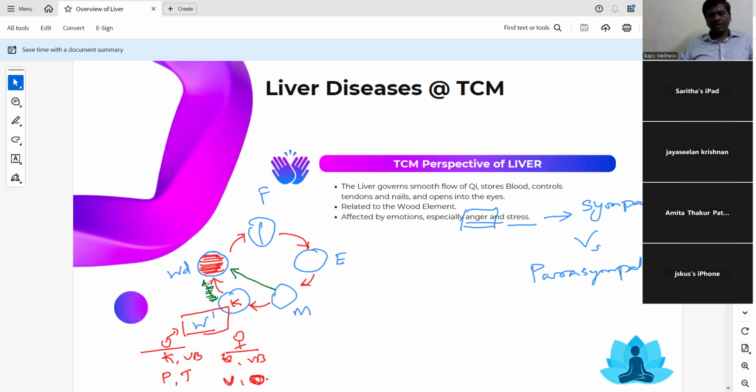That is one condition. Another condition, the metal overfires, influences and controls the wood element. Lung and large intestine, you will get to know the symptoms in this.